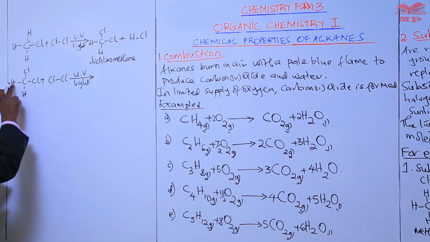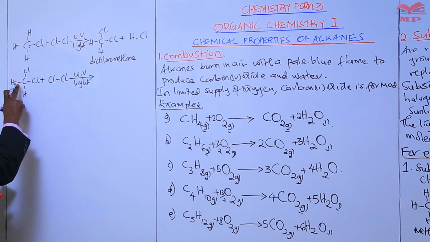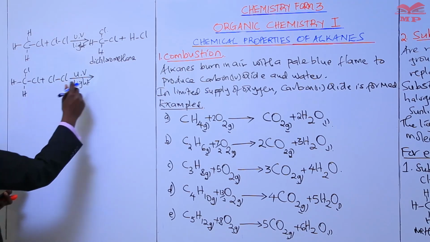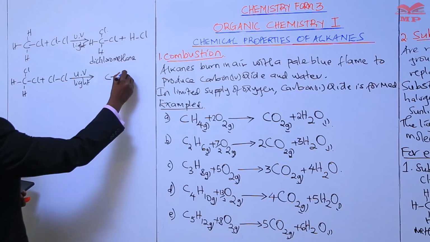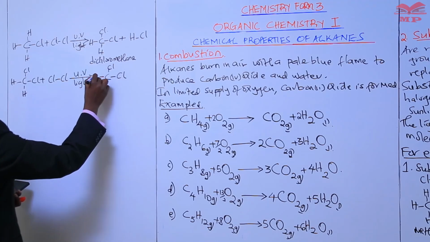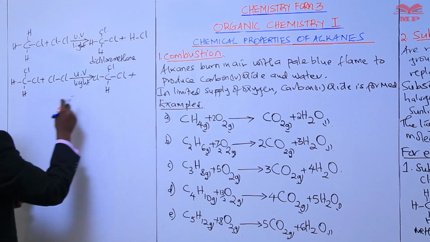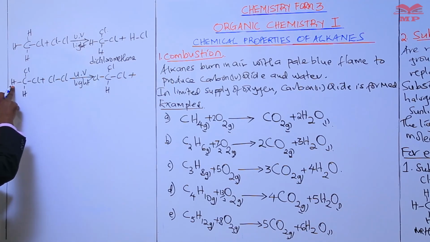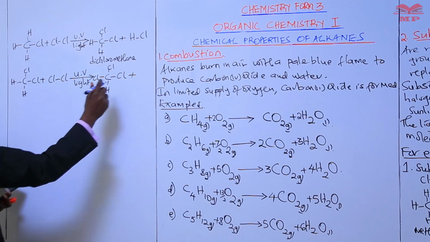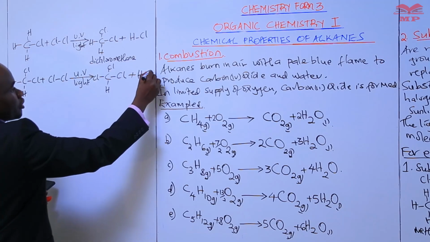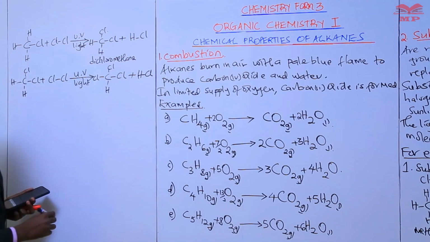Further substitution, one more hydrogen will be substituted by one chlorine atom. So we shall have this product here. So we shall be left with one hydrogen, and then plus this hydrogen will combine with the remaining chlorine atom. We shall form this compound, hydrogen chloride.